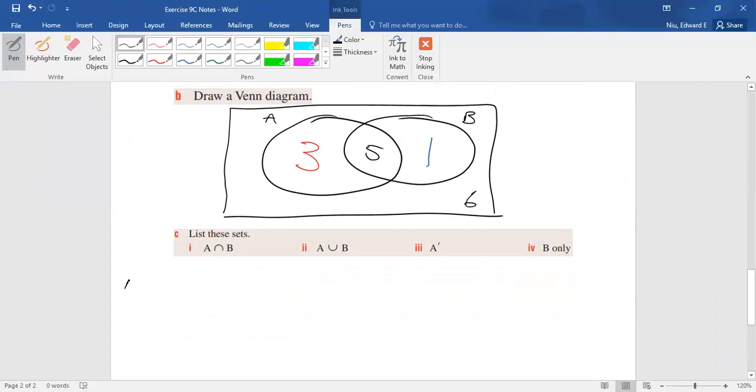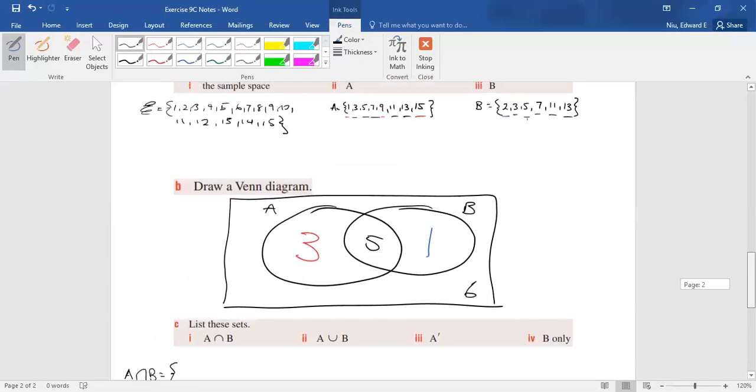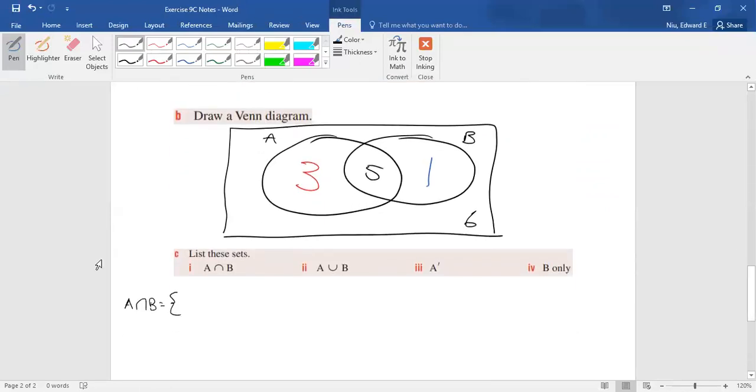So we say A and B equals, all of them underlined in black, 3, 5, 7, 11, 13.